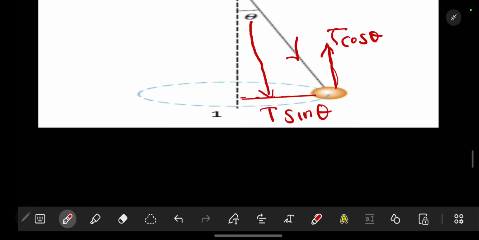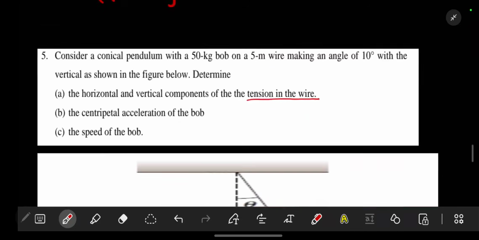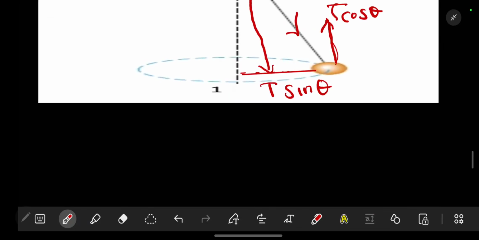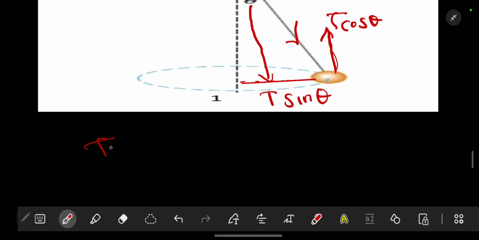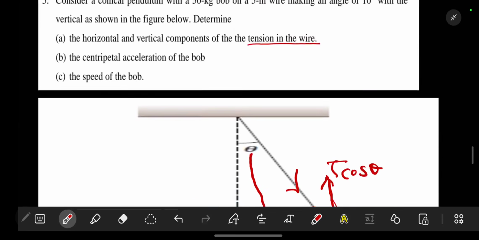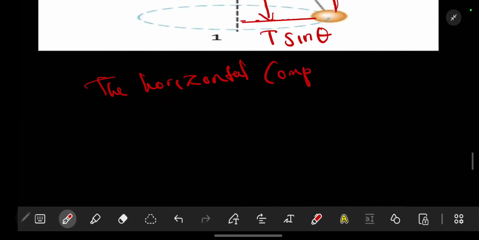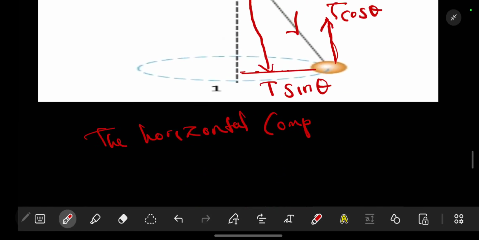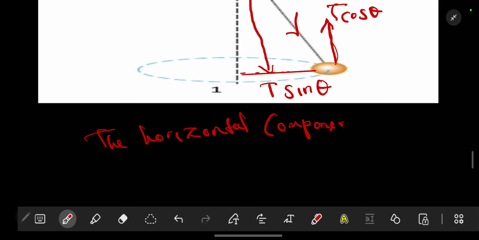So they want the horizontal and vertical components. The horizontal component will be T sine theta.